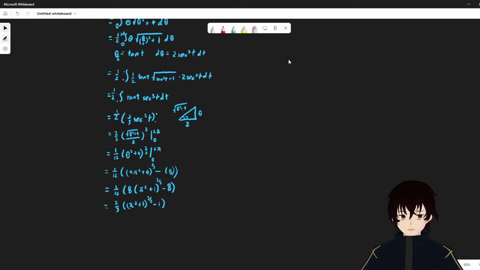Divide everything by 4. Wait, no. That's not it. Zeta is equal to 2 tangent t. D zeta is equal to 2 secant squared t.